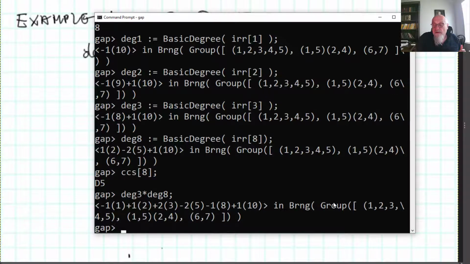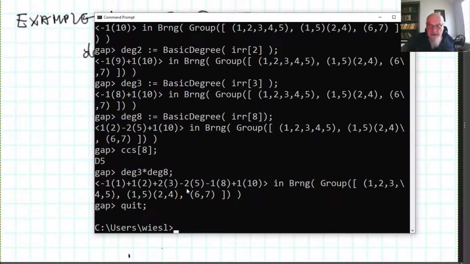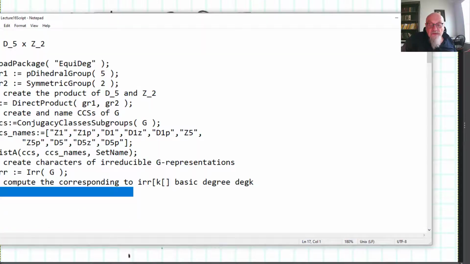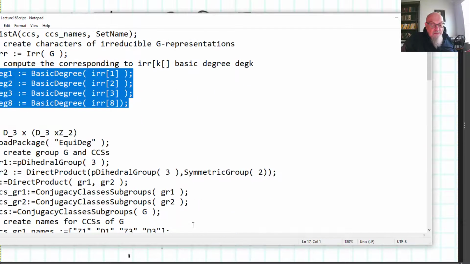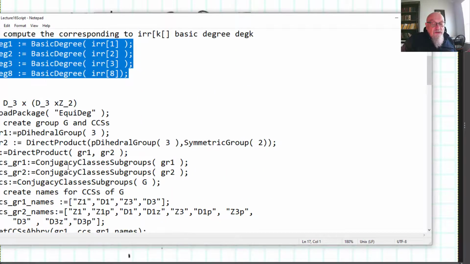Okay, so that's my first example. Let's go and do the second example. In order to start fresh, I just quit, and we'll start again once we choose the group. So what is my next group? My next group looks a little more complicated. This is D3 times D3 times Z2.